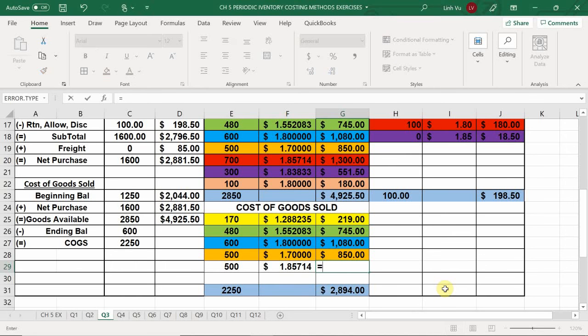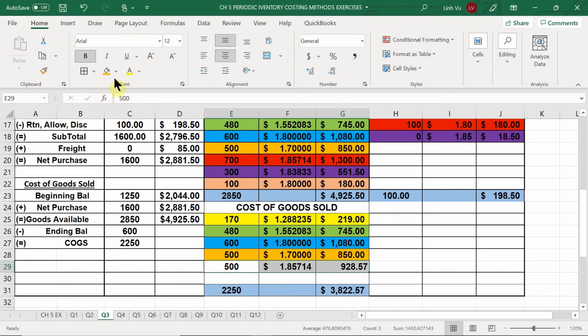So in this case, what is my calculation going to be? If it's 500 at $1.85714, how much is it going to cost me in grand total? $928.57.